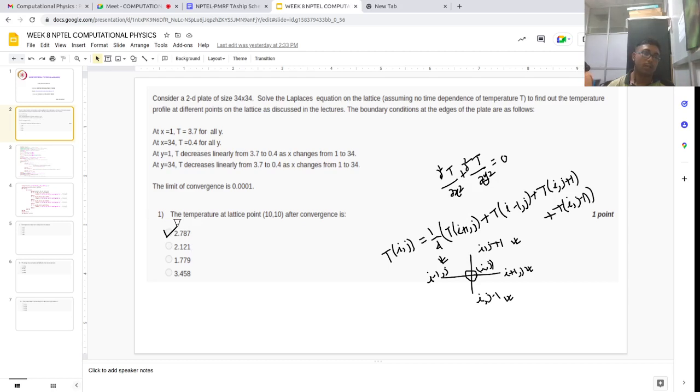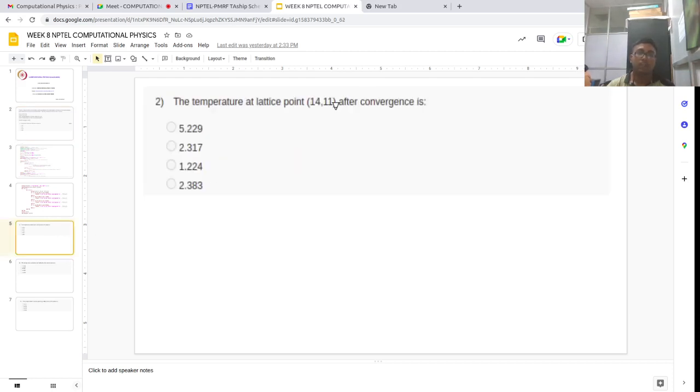The answer was coming to be 2.799, and this is the closest of the options. For the second question, the lattice point changed to 14, 11, and this will be 2.399, and the closest one is 2.383. So this will be the correct answer.